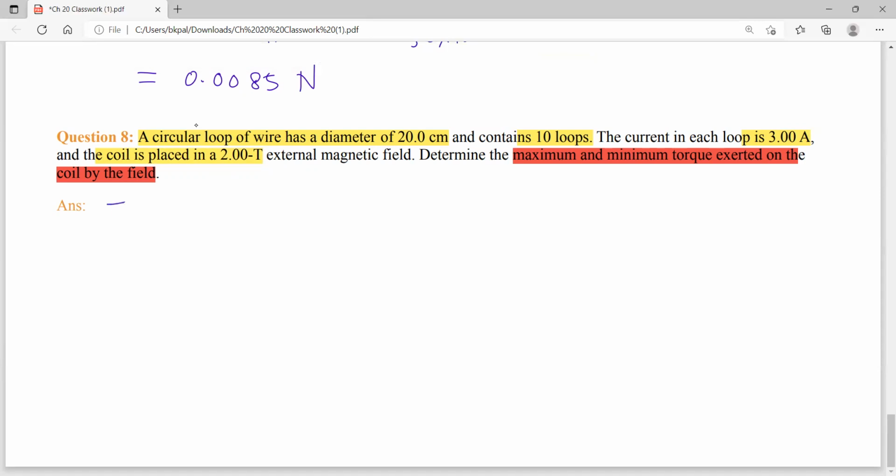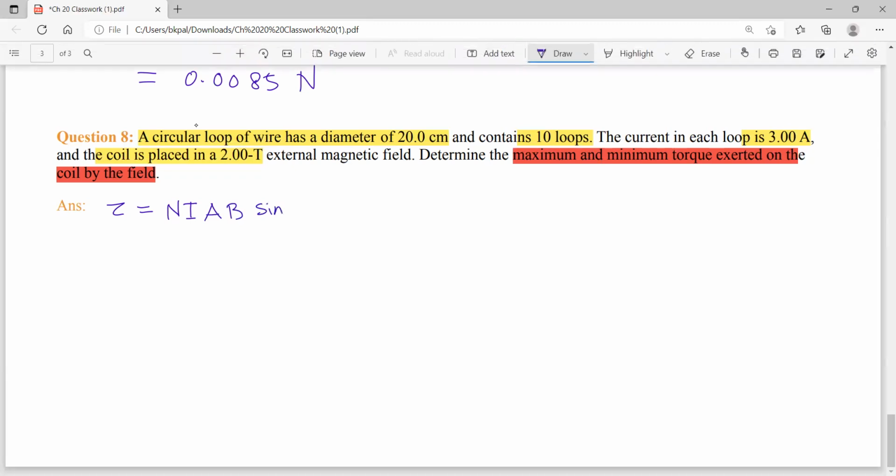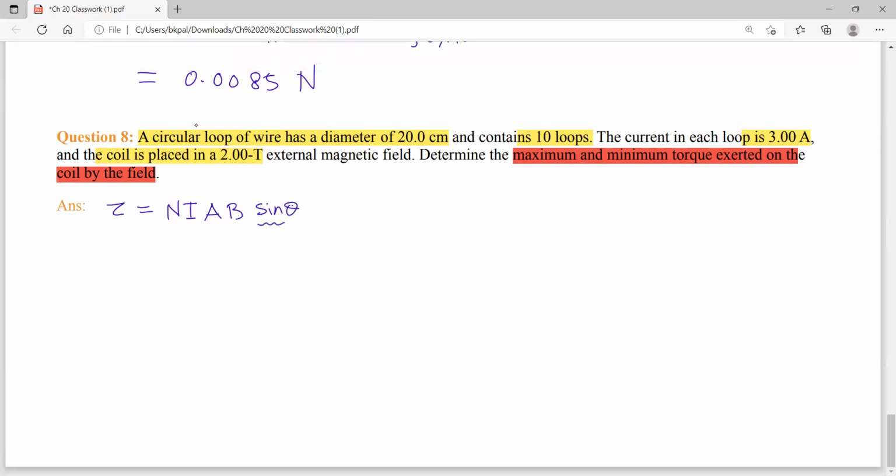So torque, if you remember, the equation we derived was something like this: N I A B sine theta, where N is the number of loops, I is the current, A is the area, B is the magnetic field.